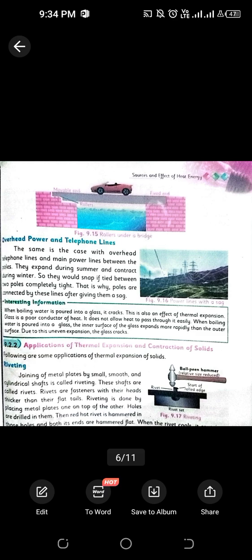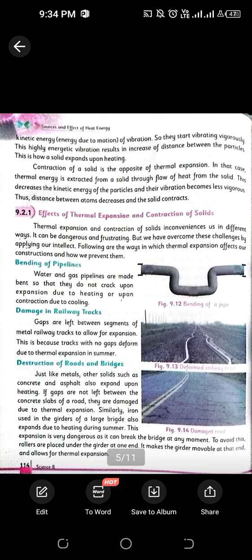So now I would also like to add some of the concept of contraction. What basically is contraction? Contraction is when there is a low temperature, when there is not a rise in temperature, when there is a decrease in temperature, the particles of the matter, whether solid, liquid or gases, the space between these particles decreases, which ultimately decreases the length and the size of the matter.